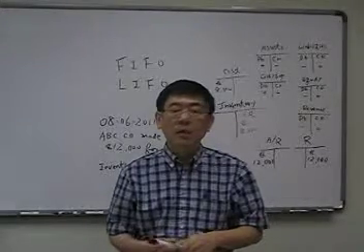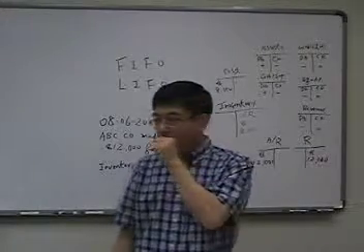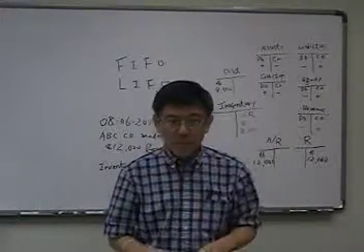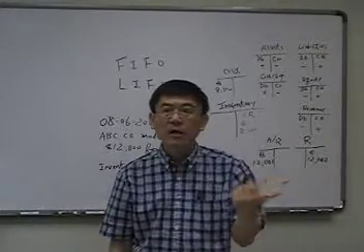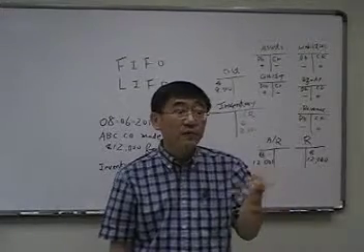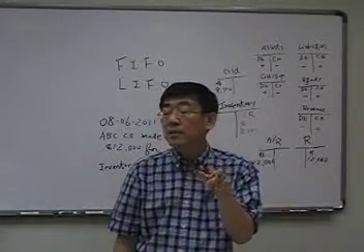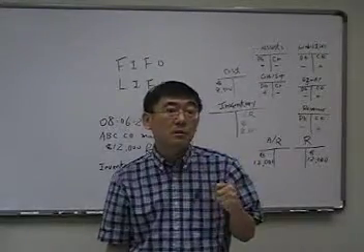The very funny thing is, number 1, you are the company who sets out the policy. You want to use FIFO or you want to use LIFO. Number 2, if you want to change that, you need to get permission from the SEC and also the IRS.